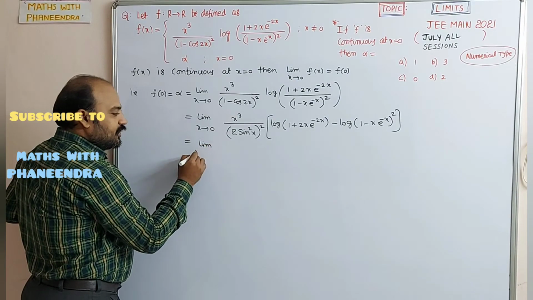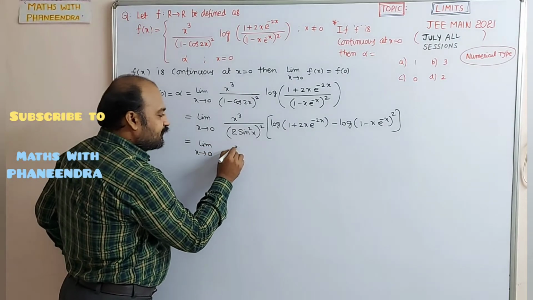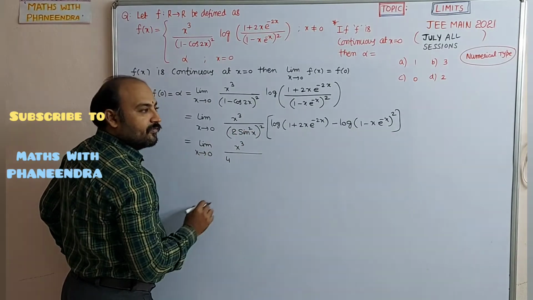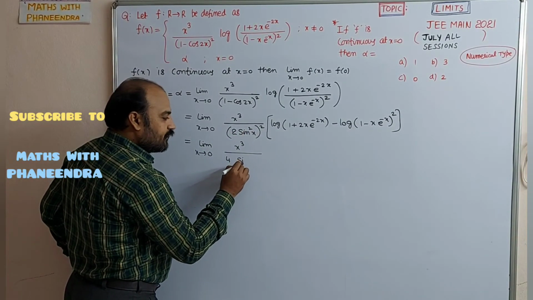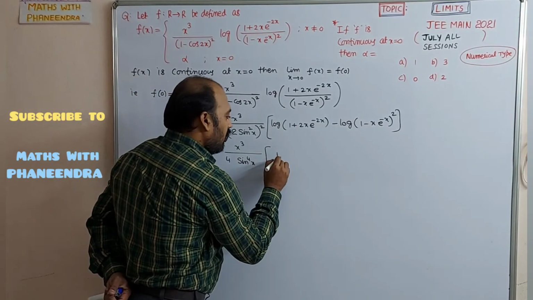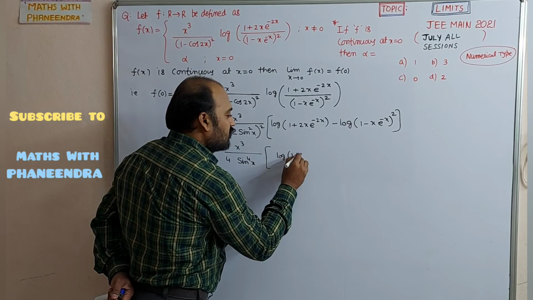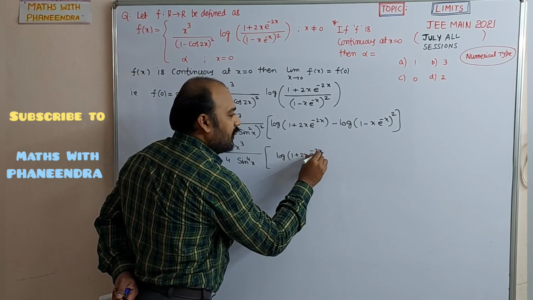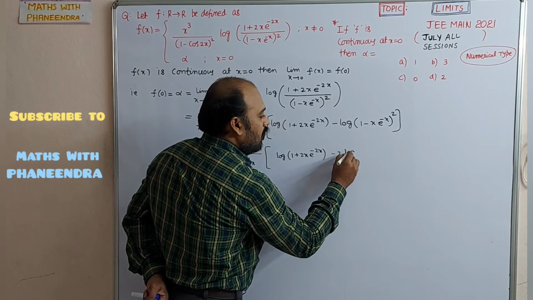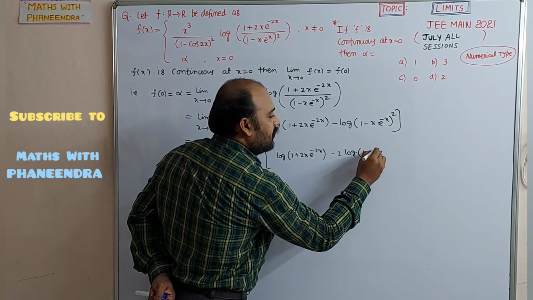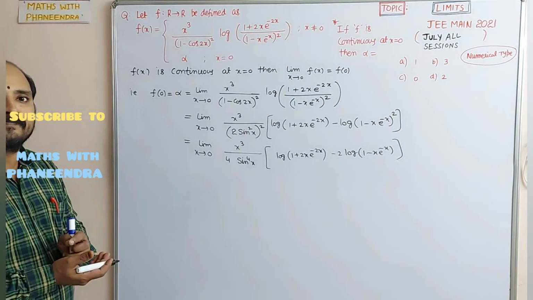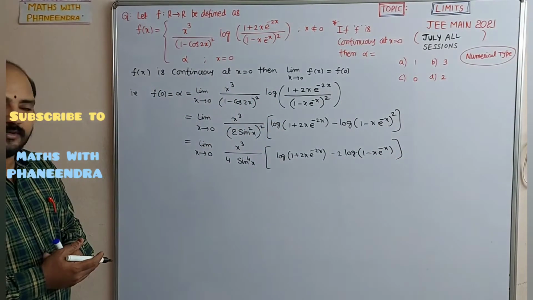Limit x tends to 0, x power 3 divided by 2 square 4, sin power 4x, into log of (1 plus 2x e power minus 2x) minus 2 into log of (1 minus x e power minus x).